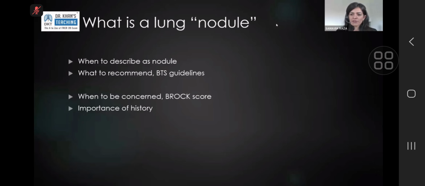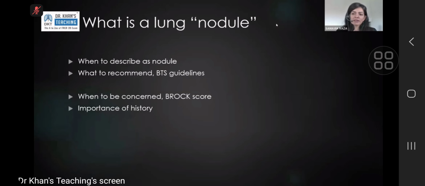By clearly suspicious features, we mean irregular margins, spiculated margins, Brock score, which I'll come to later, something crossing a fissure, something changing morphology. So it was cavitating before, now it's solid, so it's clearly growing. Even if the size isn't bigger, the morphology has changed. So a change of morphology is very suspicious for cancer.